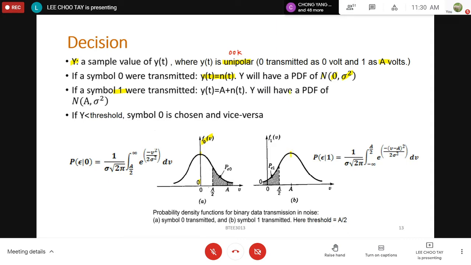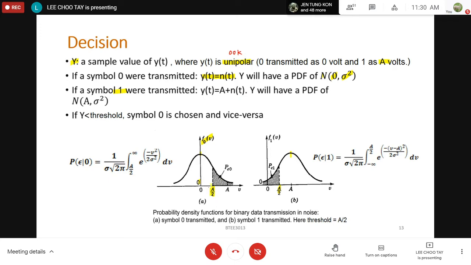So we have a PDF that looks like this, and the distribution curve is Gaussian shaped. Now, depending on where we set the threshold, let's say because 0 we transmit at 0 volt, 1 we transmit at A volt. If we set the ideal threshold, and in this case the probability of 0 and the probability of 1 being sent is the same, a good threshold is at A over 2, the midpoint.